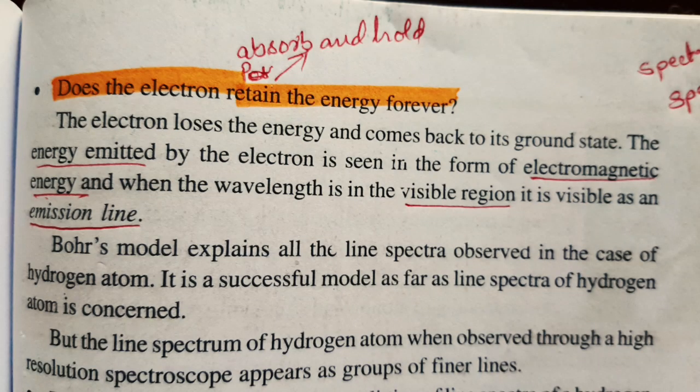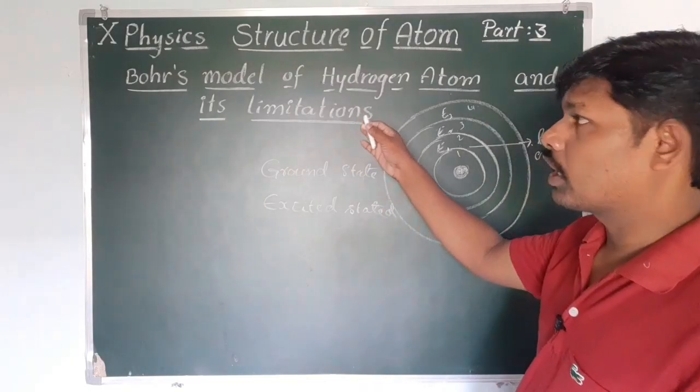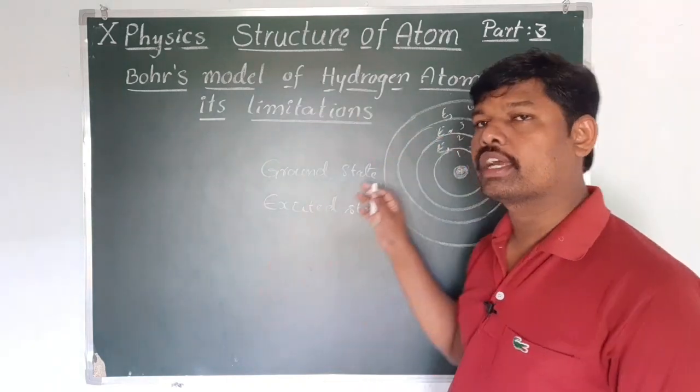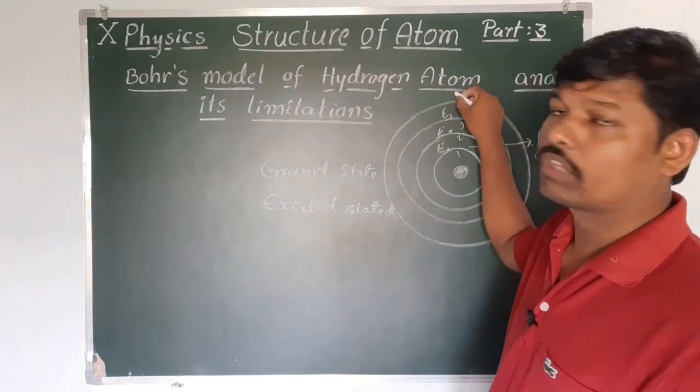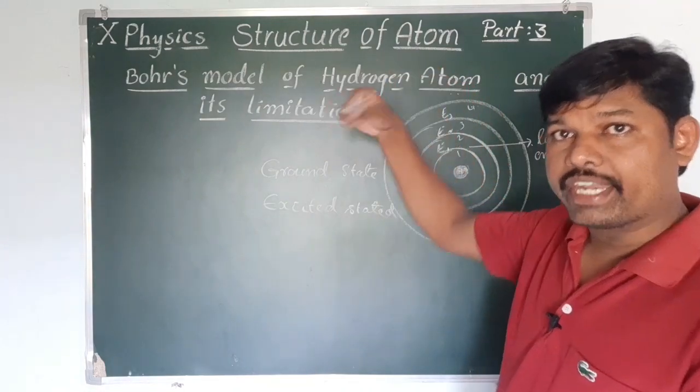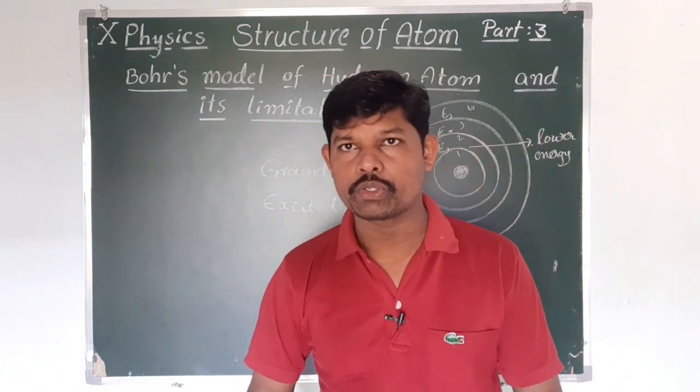So Bohr's model explains all the line spectra observed in the case of the hydrogen atom. It is a successful model as far as the line spectra of the hydrogen atom is concerned. Bohr's model is successful for the hydrogen atom. The remaining atoms, Bohr's model is unable to explain.